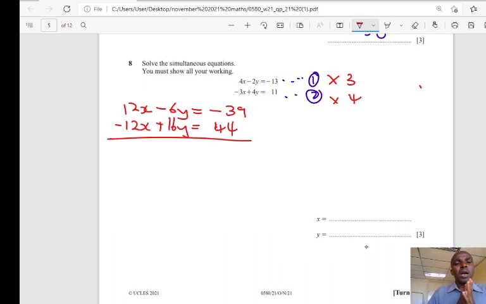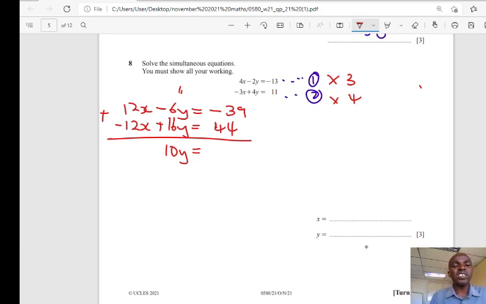Right. To eliminate x in this case, we add equation 1 plus equation 2, so that x will be 0. 12x plus negative 12x is 0, so x cancels. Then you move on to y. Negative 6y plus 16y is 10y, equals, on the right side of the equal sign, negative 39 plus 44.